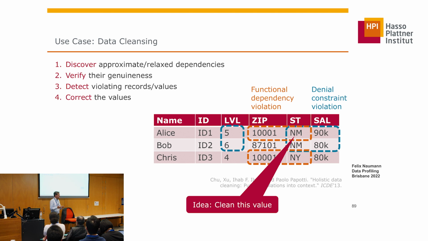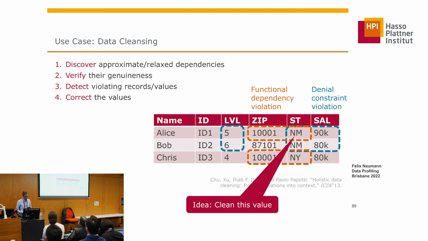I mean, finding duplicates is easy, but finding violations of functional dependencies is already a little bit complicated. And there are more complicated constraints, like denial constraints, which are very complicated to formulate. And then finding the actual errors is a difficult task. So that's already a research problem. And then correcting the values is also not trivial. It's not obvious how to correct data errors in general.